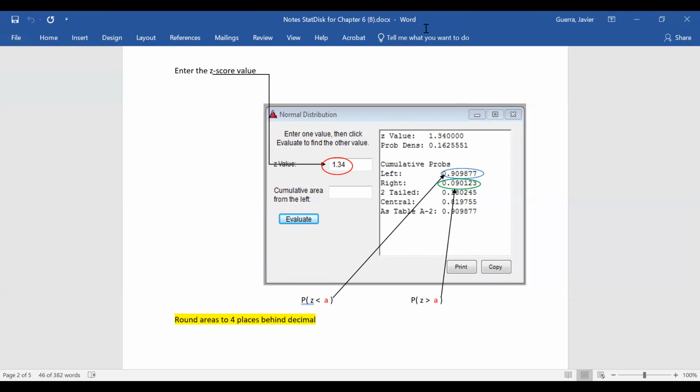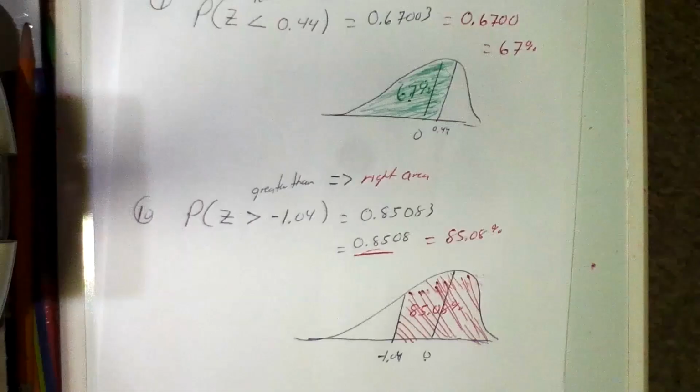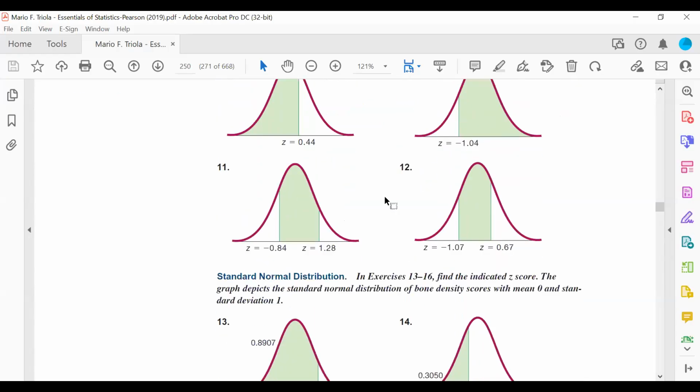Okay. All right. We did less than, we did greater than. Now we have to do in between. So let's do an in between. I'm going to go back to my book and let's do number 11.